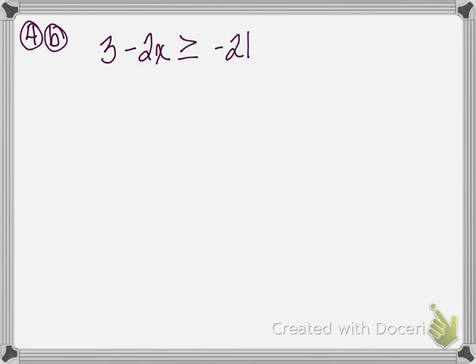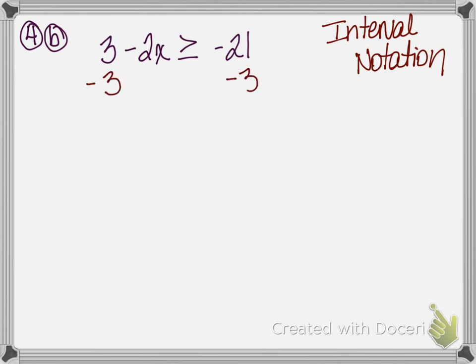Okay, this is 4B. This is when we're solving inequalities, and this is also when we are going to put our answer in interval notation. So I have 3 minus 2x is greater than or equal to negative 21. So I'm going to subtract 3 from both sides.